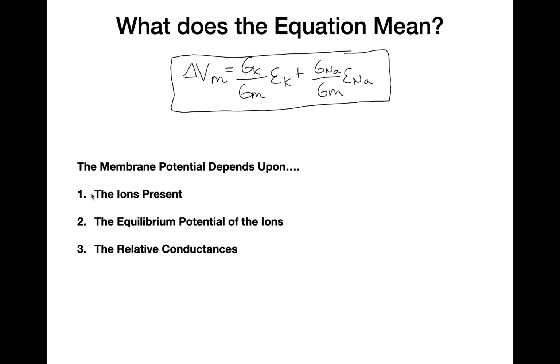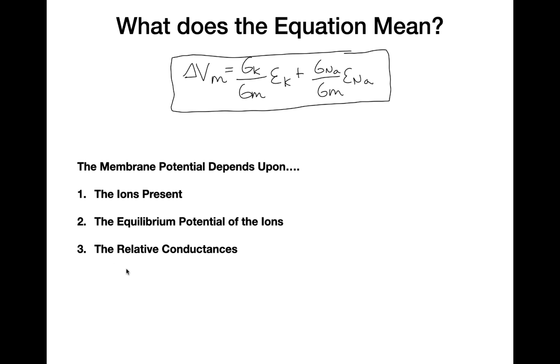But the key thing to take note of is that the membrane potential is going to depend upon what ions are present. The second thing that the membrane potential will depend upon is the equilibrium potential for each of these ions. And remember that the equilibrium potential can be calculated using the Nernst equation, and it basically takes into account the charge of the ion as well as the concentration of that ion inside and out of the cell.